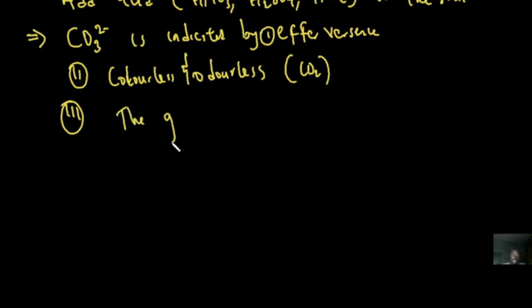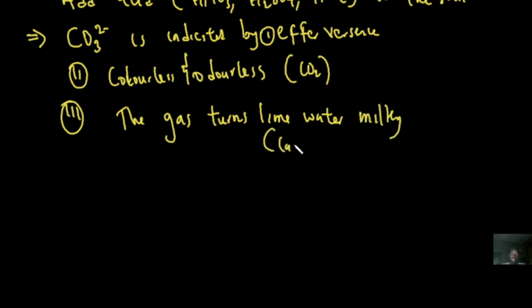So the gas produced turns lime water milky. When I say lime water, I'm talking about calcium hydroxide solution. So you have that in mind. If I want to test for a carbonate salt, what I use is an acid.